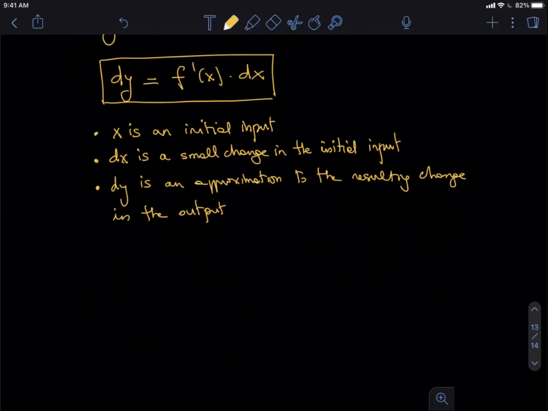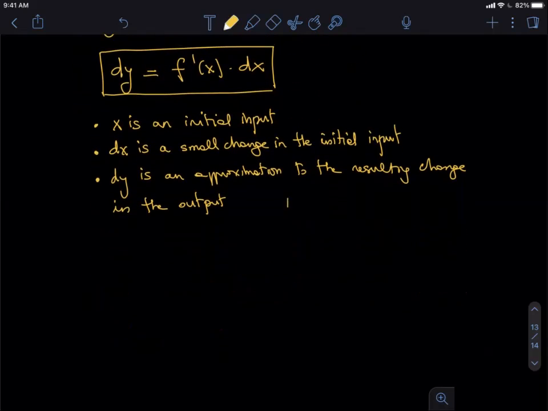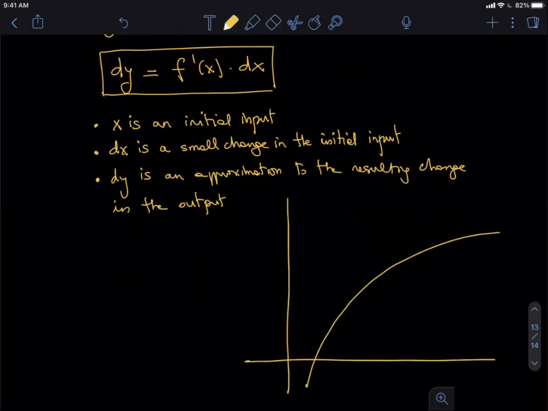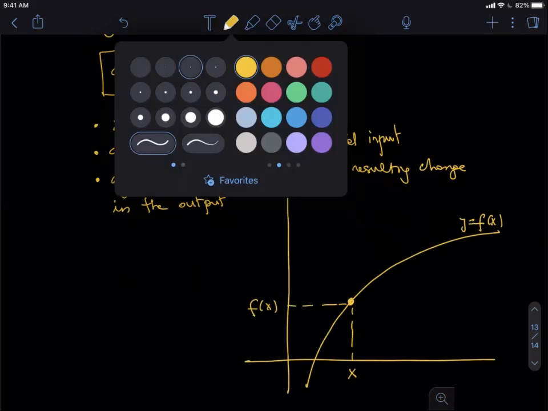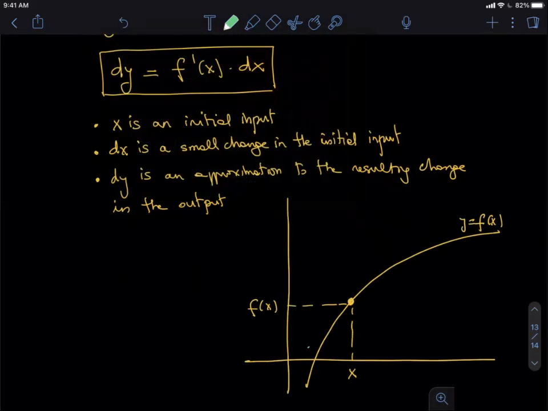Now, I was saying, let me explain geometrically with a picture what we are doing. So let's say we have a function here. This is our f of x. And let's say we work at this point, x, f of x, okay? And here, of course, we can take the tangent, okay?